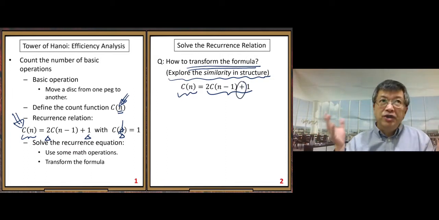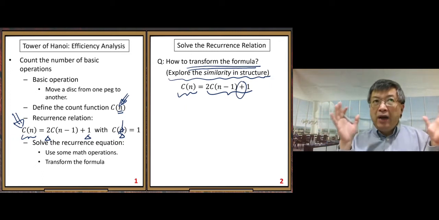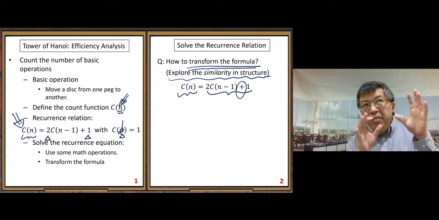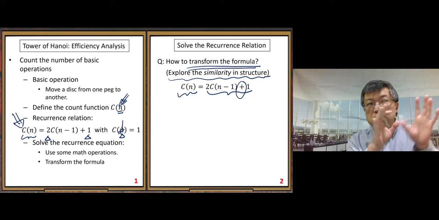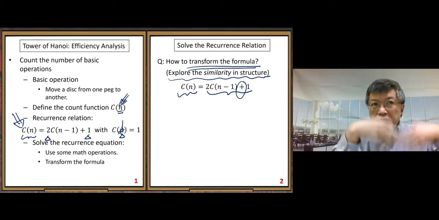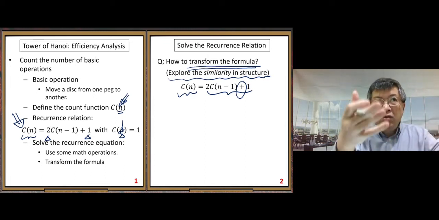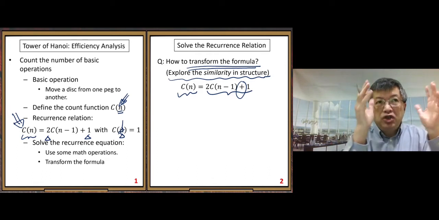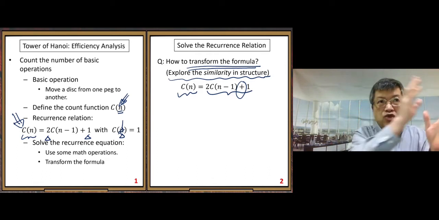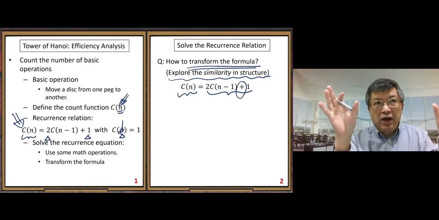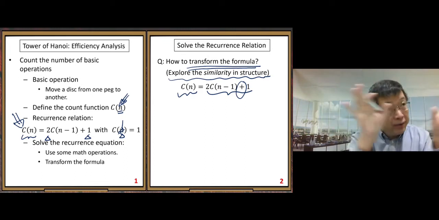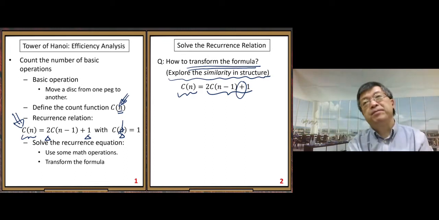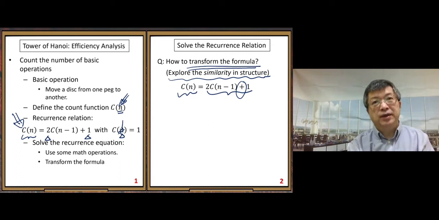So the structure is different. Now the question is, can you do some equivalent form change such that the structures of both sides are similar in some way? So that's the point. So let's do it here.